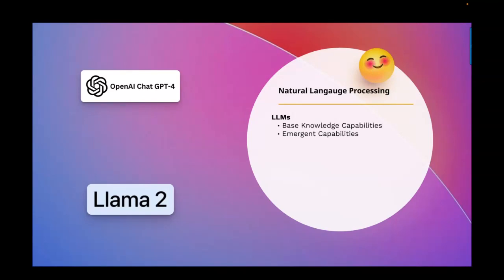Then the reasoning capabilities of the language model will start working on that textbook, and it will start giving you answers and questions. In other words, you would end up talking to your textbook in a certain way. Those are the emergent capabilities.